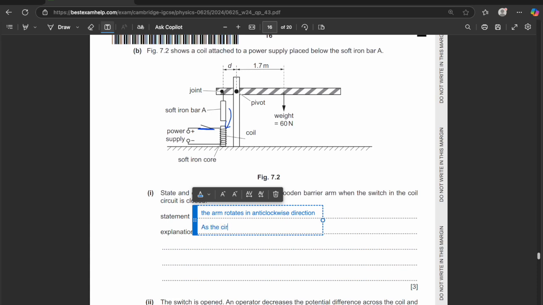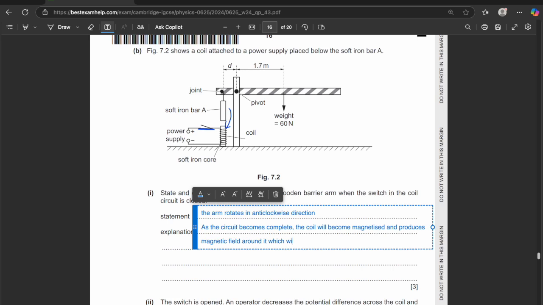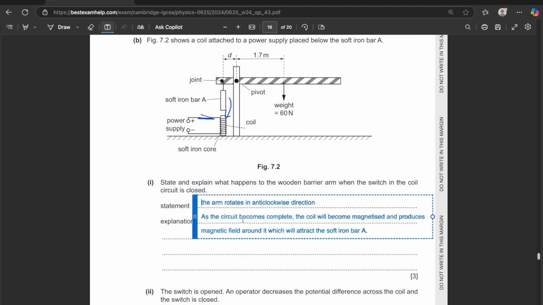As the circuit becomes complete, the coil will become magnetized and produces a magnetic field around it, which will attract the soft iron bar A. Or you can write something like the coil becomes an electromagnet. That is more complete, right? Electromagnet.